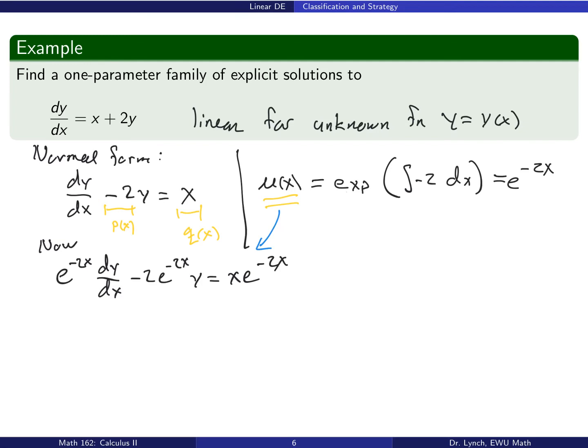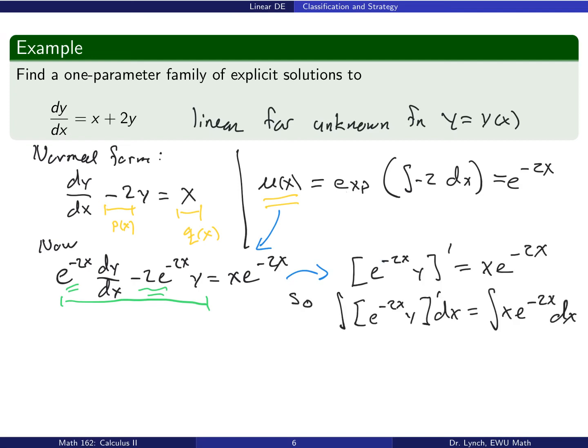Now, sure enough, here's our product rule right here. We can see we have the first times the derivative of the second plus the derivative of the first times the second. We can simplify that left-hand side, undoing our product rule and rewriting it as the derivative of a product equals the right-hand side, which in this case is x e to the minus 2x.